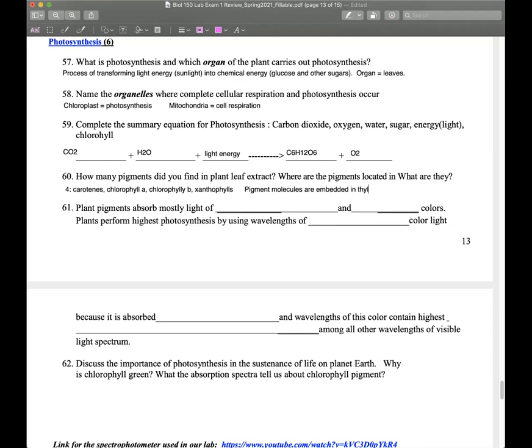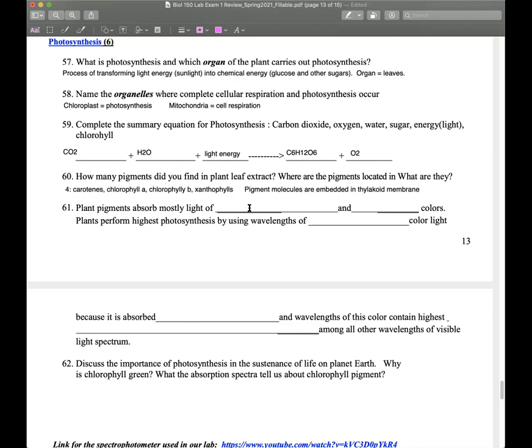Yeah, so they are embedded in the thylakoid membrane. Within the chloroplast, you have these stacks. They almost look like pancakes or coins, little discs all stacked up. They're basically stacks of membranes, and within that membrane is where you'll find the pigment molecules.